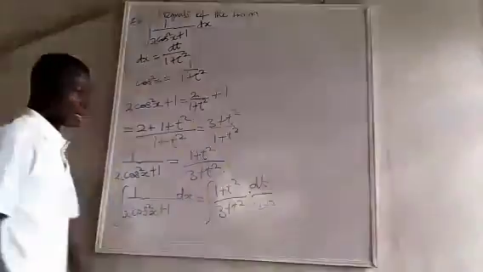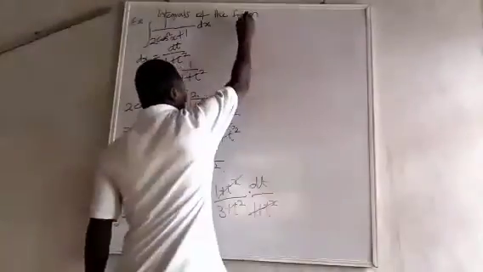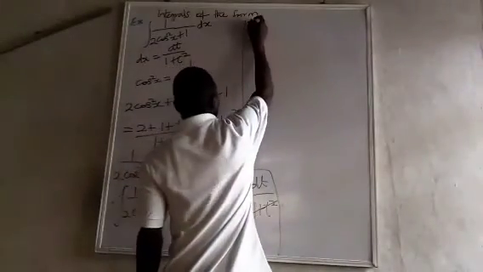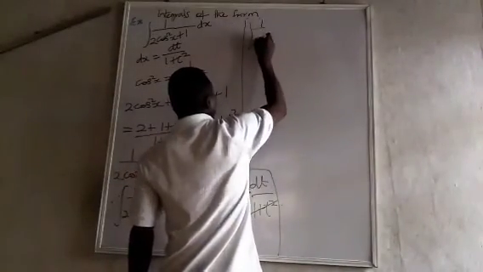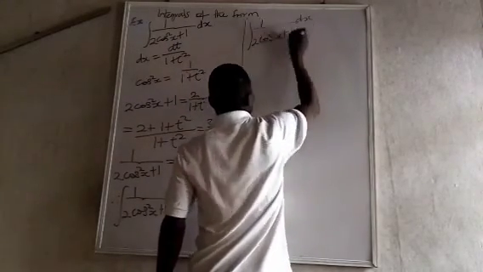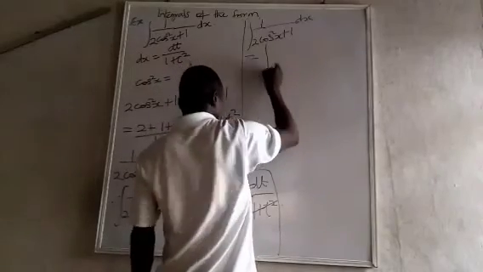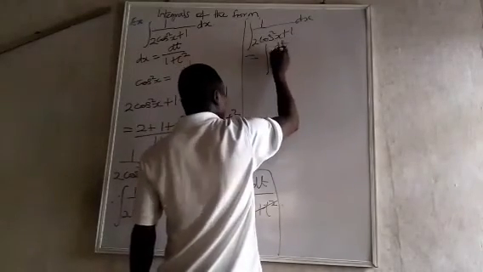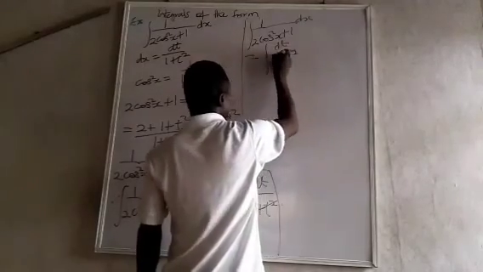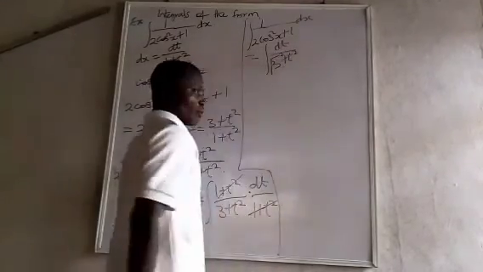So you see, we can easily get our answer faster now, since we are used to this kind of expression. So this will now be equal to dt over 3 plus t squared. Or let me make it like this, root 3 squared plus t squared.